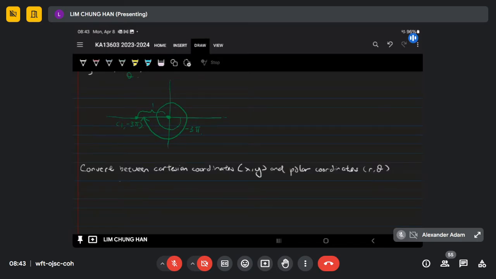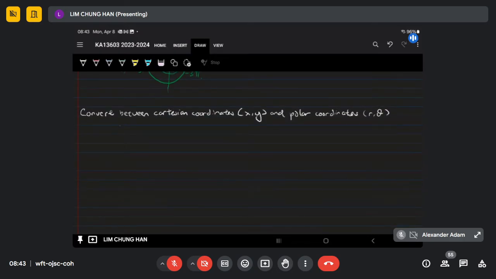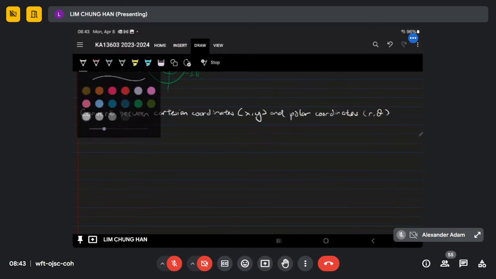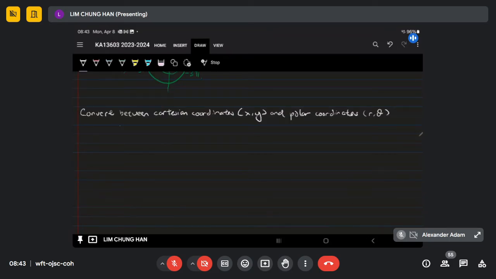To do the conversion, you need to know a few formulas. The formulas I laid out just now, there's the tangent theta one. That one is from here.